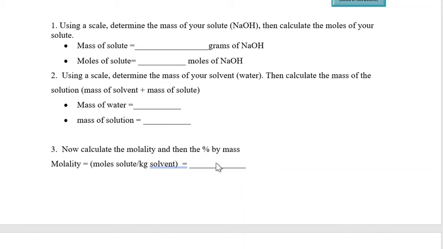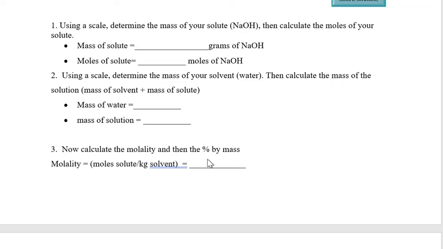Now that's going to be that many moles in a mass of my solvent, and I determined the mass of my solvent and wrote that up on top. Let me look back and see what that was. That was 109.23 grams.